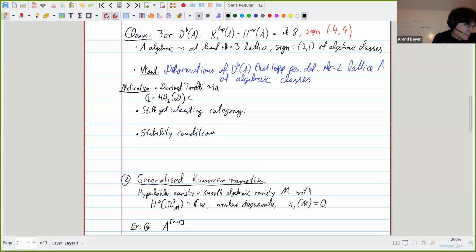This gives me a class and a subspace in the topological K-theory tensored with C. And here, insisting that these classes in lambda remain algebraic is equivalent to insisting that this is actually contained in the orthogonal complement of this rank 2 lattice.